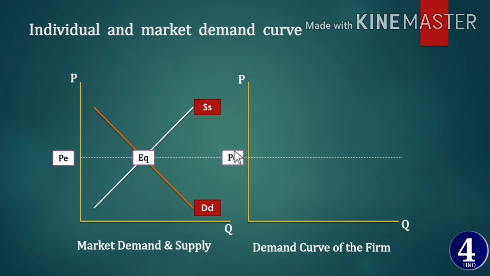But here, once the price is determined, for example, let's say the seller supplies at this point. When the seller supplies at this point, then the price is at this point. Then we say that this is the first quantity being sold, or else we can say that this is the first quantity that the buyers are demanding.